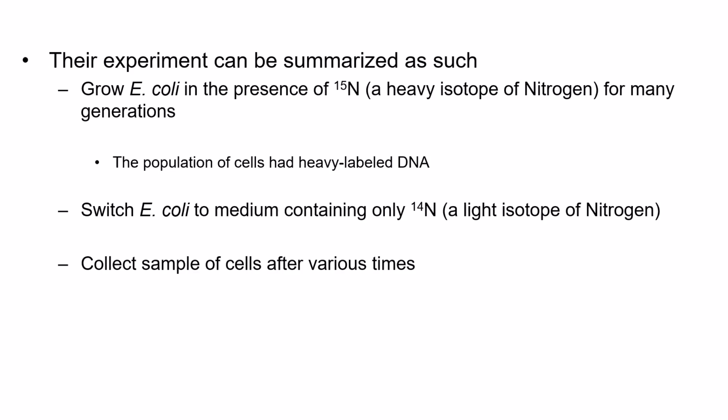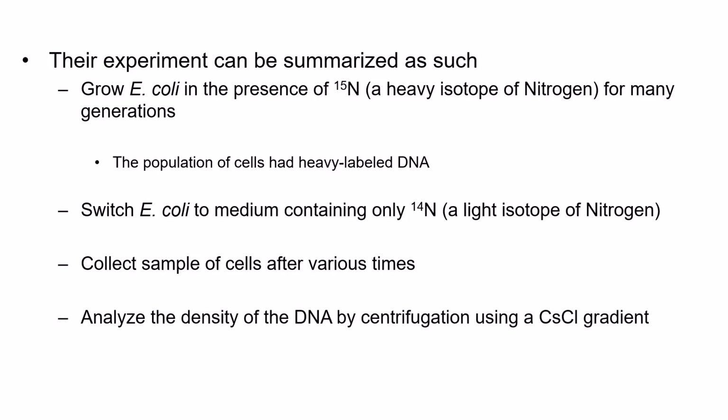Allow the cells to grow and then collect the sample of DNA after different time intervals and analyze the density of the DNA by centrifugation using cesium chloride density gradient centrifugation. Let us try to understand this.